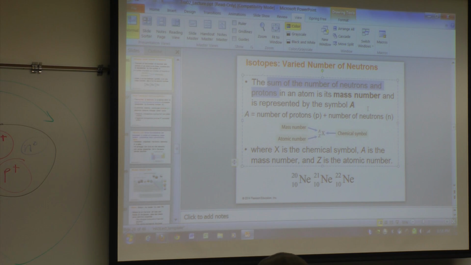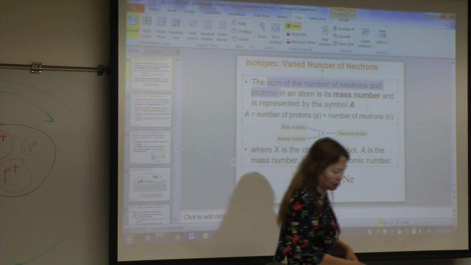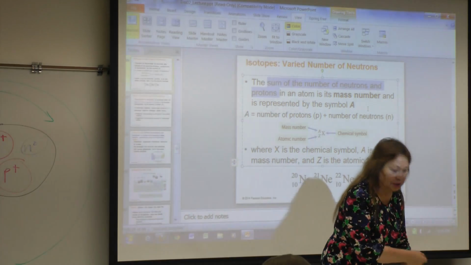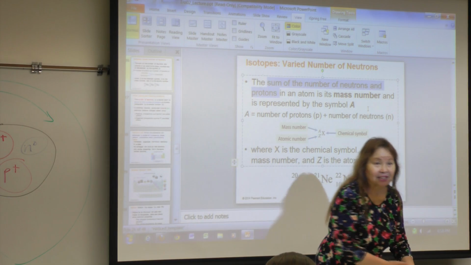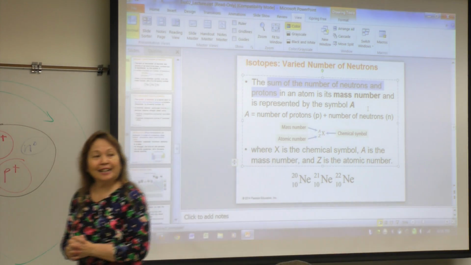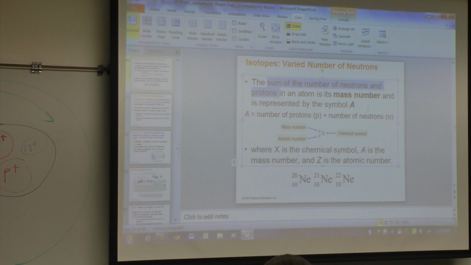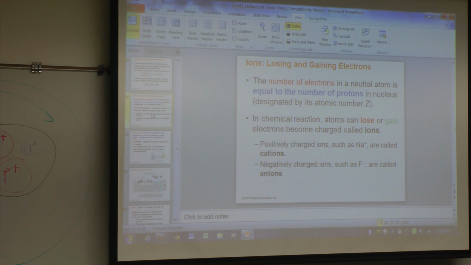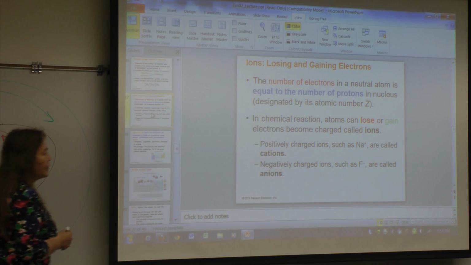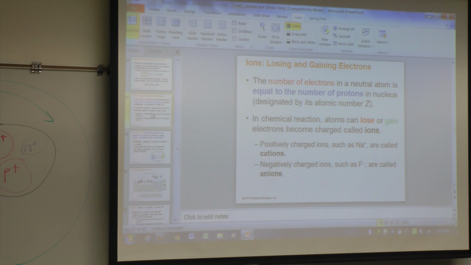And I would say carbon 12 because carbon has 6 protons, 6 neutrons. So carbon 13 would be 6 protons, 7 neutrons. Any questions? And I think chlorine also exists as chlorine 35 and chlorine 37. So in other words, chlorine 37 has 2 more neutrons than chlorine 35.